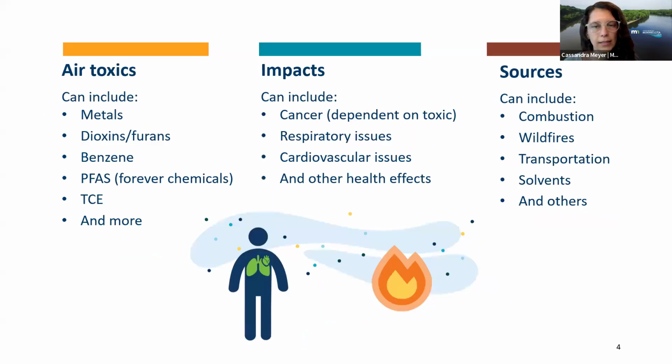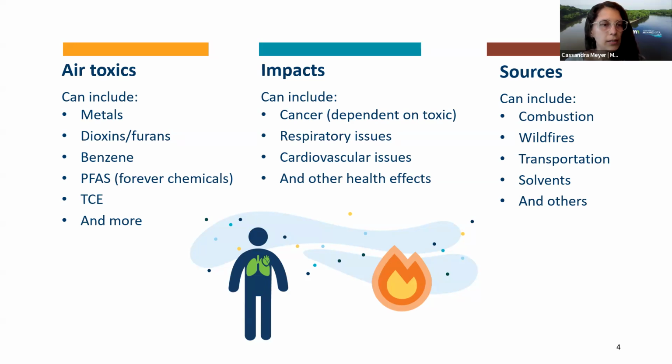Next slide, thanks. And as a little more context around air toxics and what they are, we have some examples here. Air toxics can include metals, dioxins, furans, benzene, PFAS, otherwise known as forever chemicals, TCE, and more.